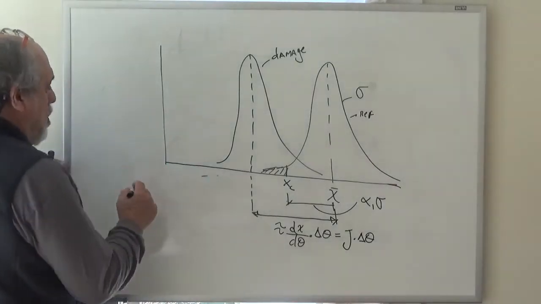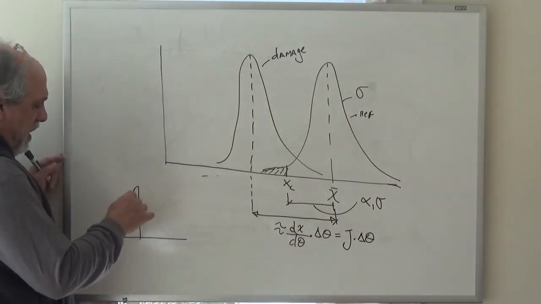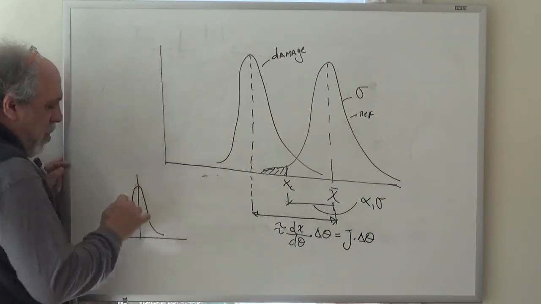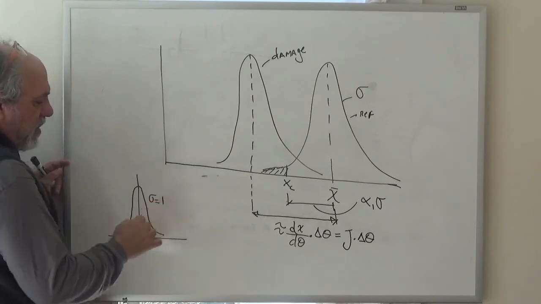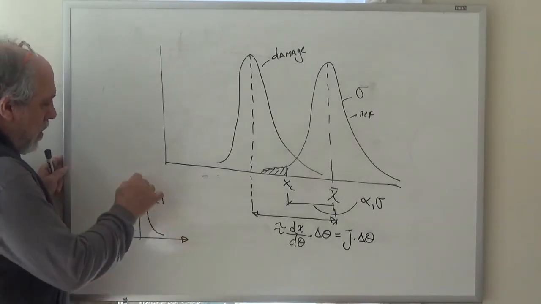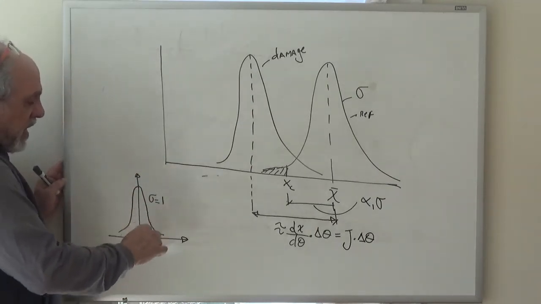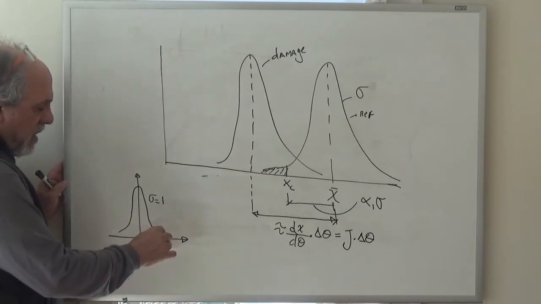You might want to remember this, right? If you have a Gaussian distribution with zero mean and unit standard deviation, that's what people call the standard Gaussian, right? So we know that as you move away from this thing, there's less and less area that's left, right?